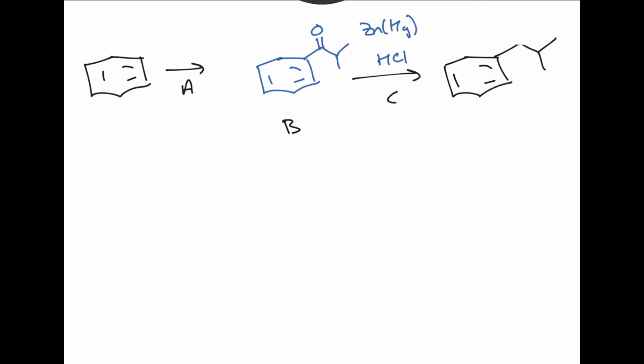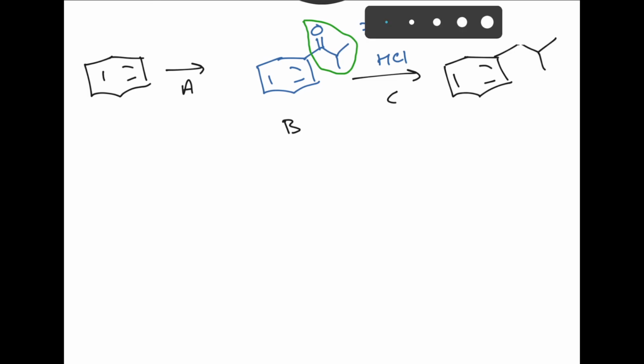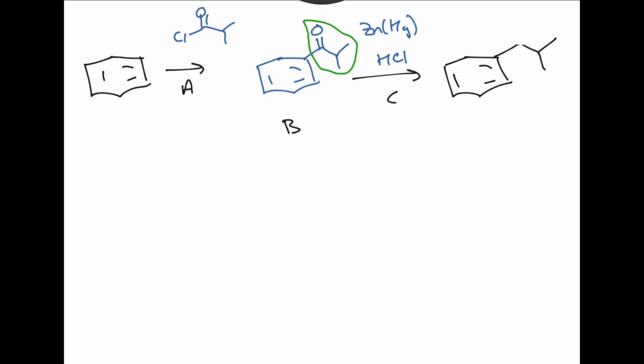How can I turn my benzene ring into this ketone? What do I need to do? When you look at it, you need to say, okay, I'm adding this whole piece. So I'm just replacing the aromatic ring on that piece with a chlorine. So you just have to redraw that piece and slap a chlorine on it.